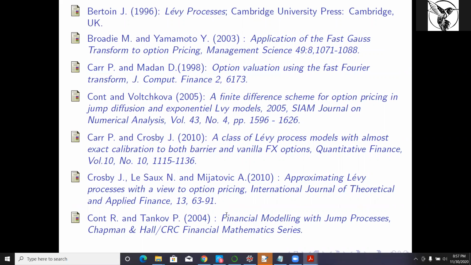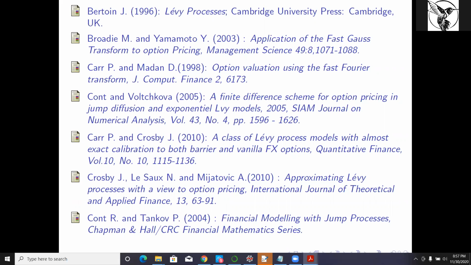First of all, you can read this book by Rama Cont and Peter Tankov. The name of the book is Financial Modelling with Jump Processes. This is a very interesting book for the Levy process and option pricing.